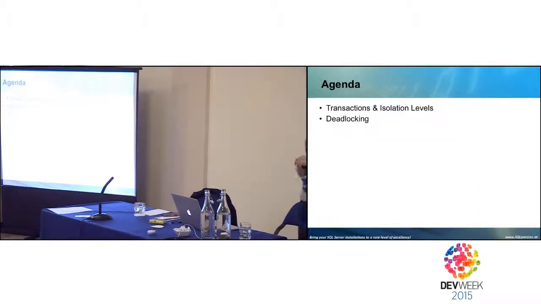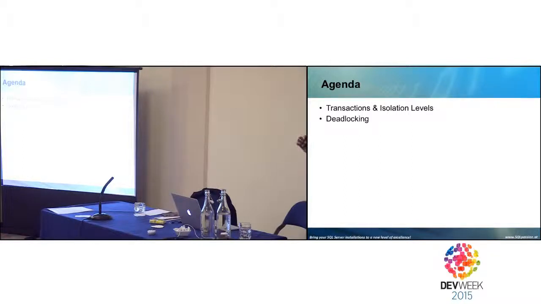Who of you is already familiar with the various isolation levels in SQL Server? Okay, so some of you. In the first part, I just want to give you a brief overview of how isolation levels in SQL Server work, because we need that information later on when we talk about deadlocking.